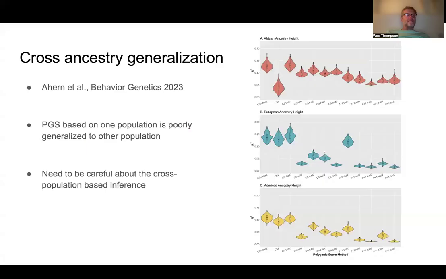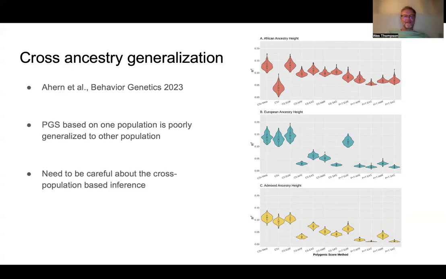So a little bit about cross ancestry generalization. This is something you do have to be careful about when using polygenic scores or any type of genetic analysis. There's genetic drift in populations over time that's inherited if you have a certain genetic ancestry, and that creates issues with GWAS, but also creates issues with polygenic scores.